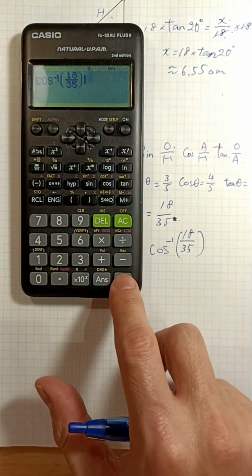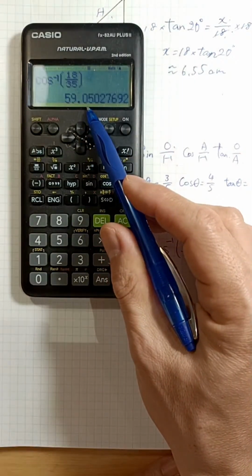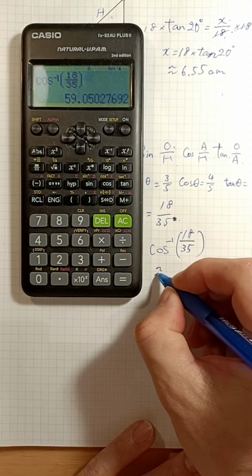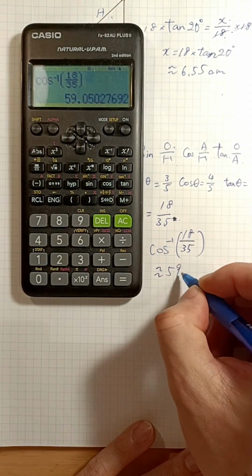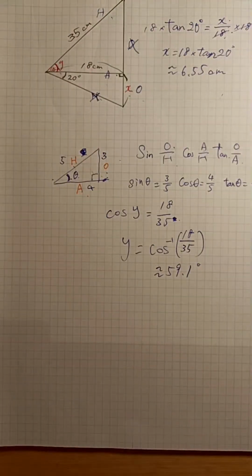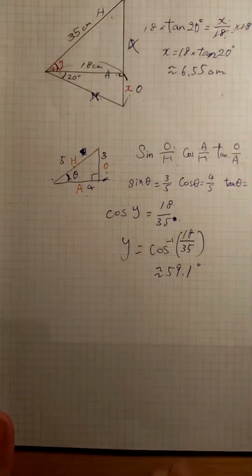This is 59.05. Let's say 59.1 degrees. This is how you use trigonometry and how you use inverse.